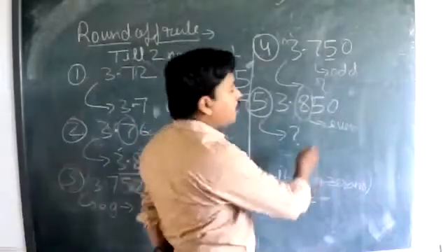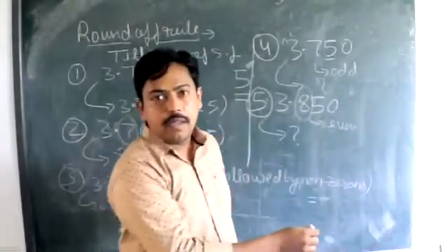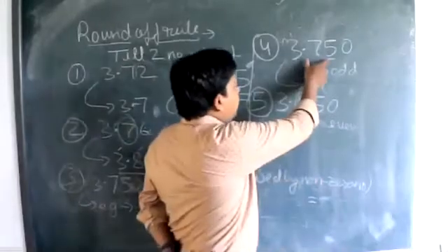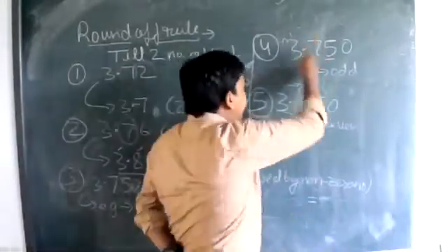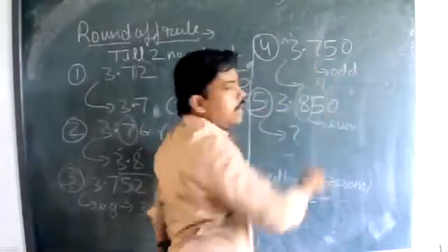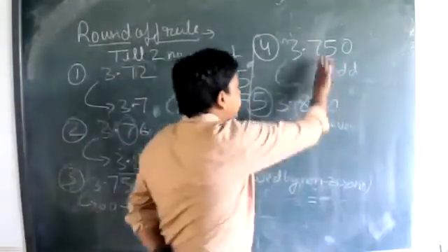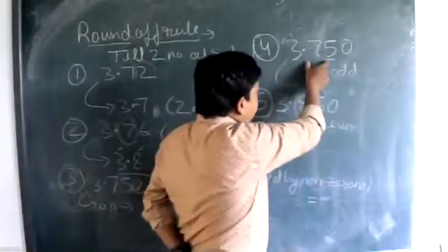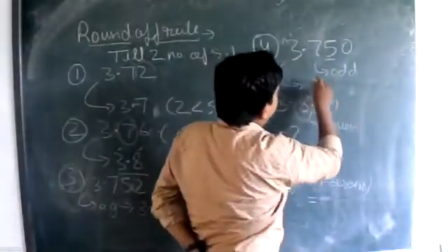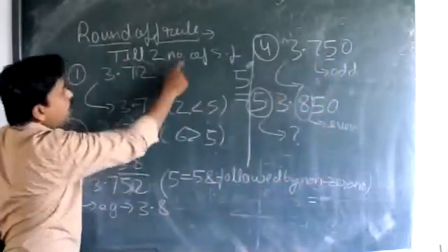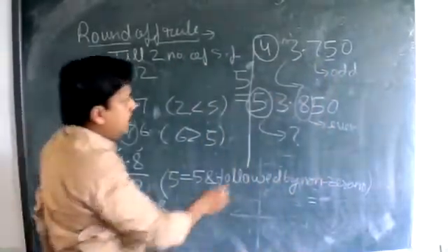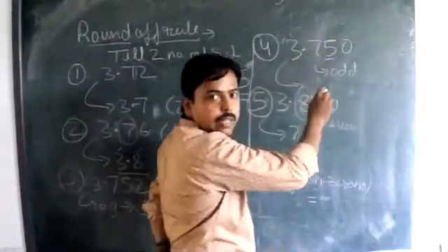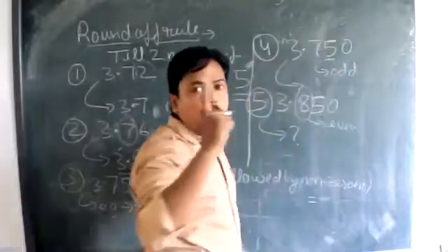If odd will become even, even will become odd? No, this is not a proper answer. But if there is some odd number, you need to determine what will be the number at that position after eliminating these two numbers. So if this is odd and you want to express it till two significant figures, the number will increase by 1.